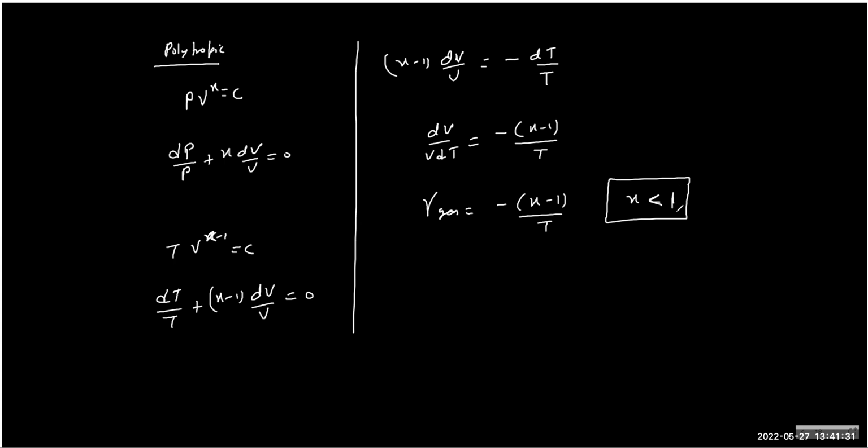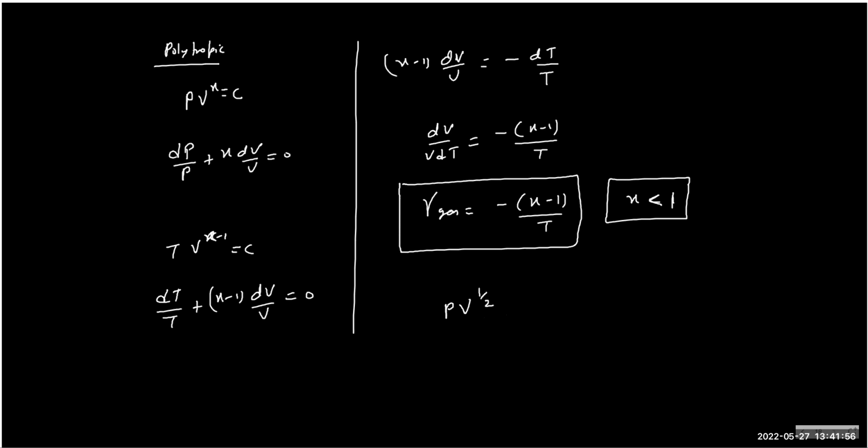If it is negative, it means if you increase the temperature, it will shrink, which is very non-intuitive. So if x is less than 1, it will be a positive number, and then gamma for gas we can define. And we have various processes. Let's say in a process, P squared V is constant, which is PV^(1/2) is constant.